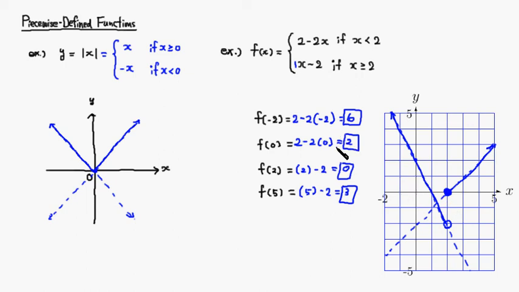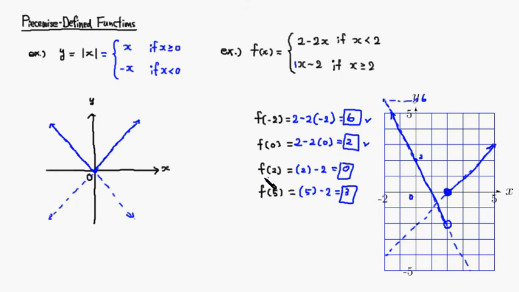Let's double check that this is the right graph. For example, when x equals negative 2, go up. Actually, we have to extend it. This point right here is going to be 6, as you can see. When x equals 0, it's supposed to be 2. Go to 0, which is right here, go up, and that's 2. So we got that.